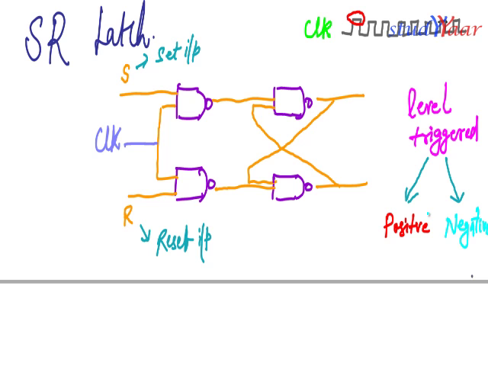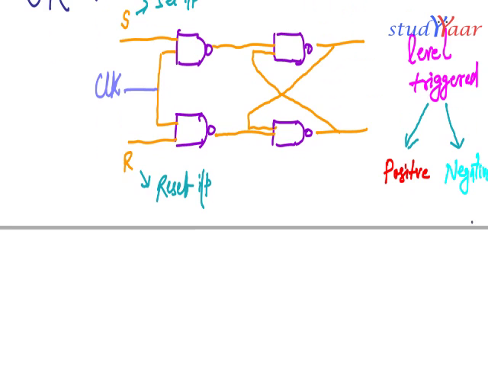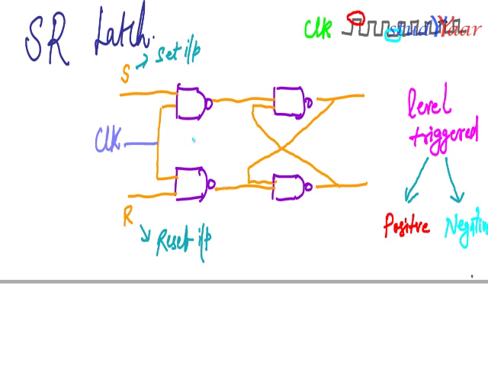This means your latch works when your clock is at a low level. It is either going to work in a high level or low level of the clock signal. So this is your SR latch.